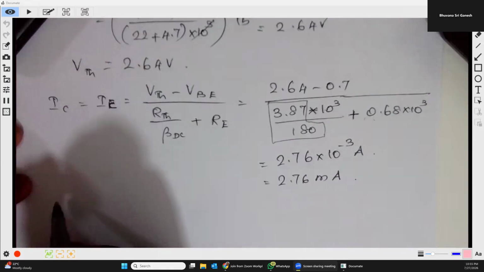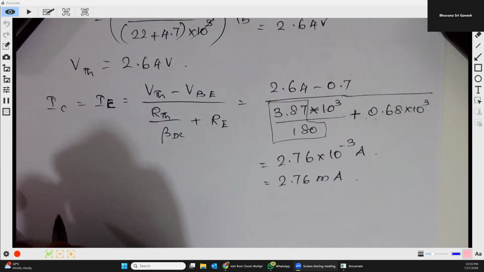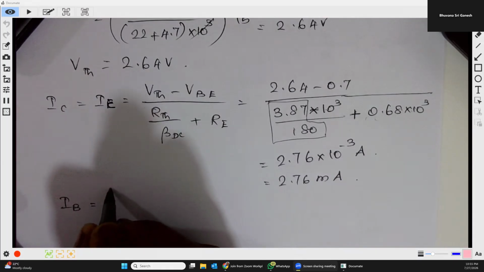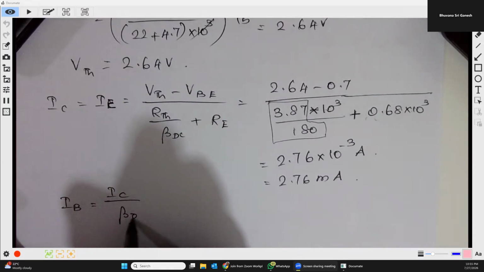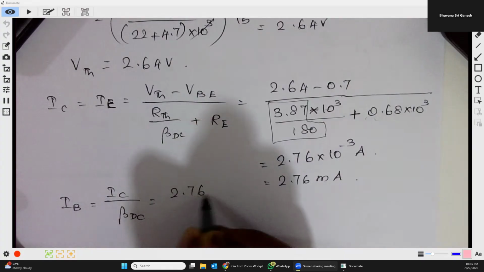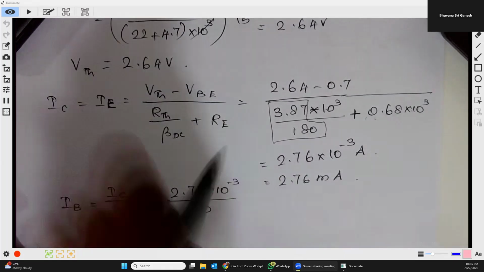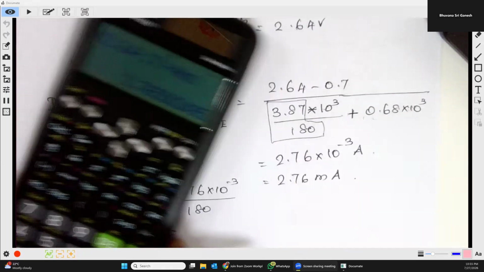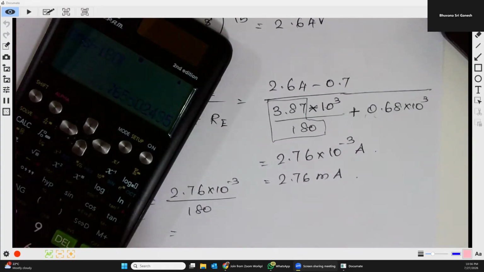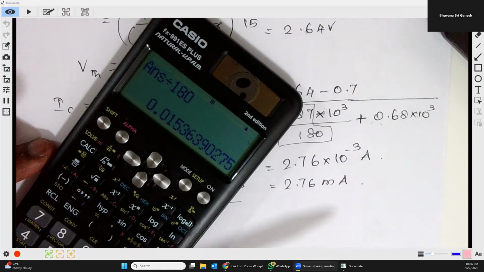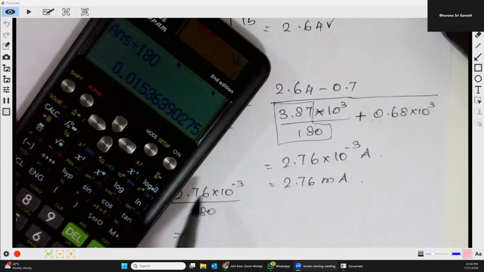Next is what? VCE. You have to find VCE, or you can even find IB first. IB by formula is IC over beta DC. This is 2.76 times 10 power negative 3 over beta DC 180. In the calculator, 2.76 divided by 180 equals 0.015 milli, so it's 15.36 micro, times 10 power another minus 3.